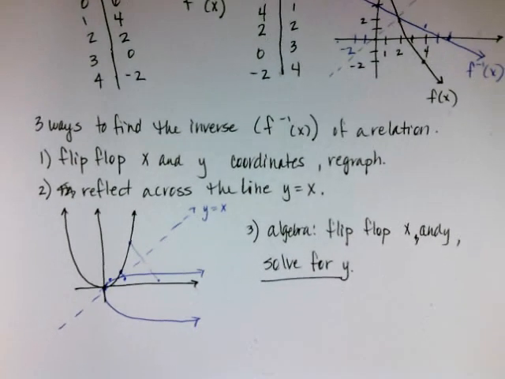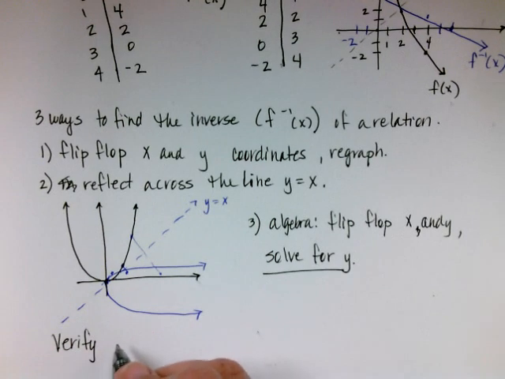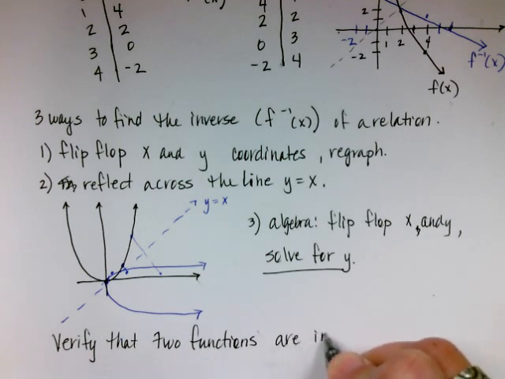And before we actually start doing any examples, I'm just going to give you a little bit more information. One of the types of problems that you will have to do is a verification, and it would say verify that two functions are inverses of each other.